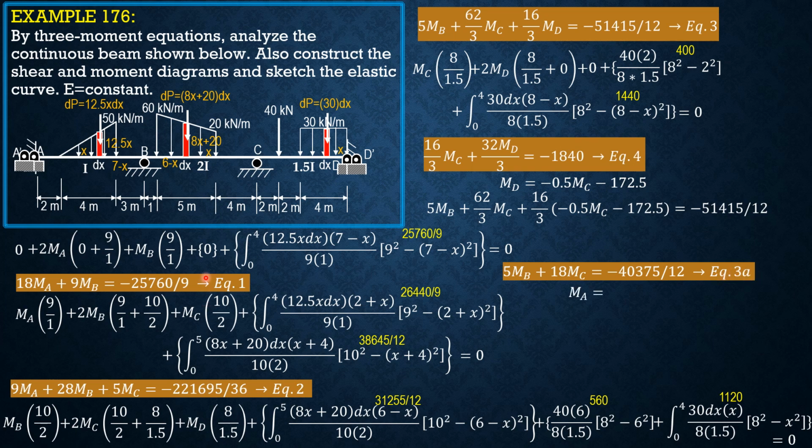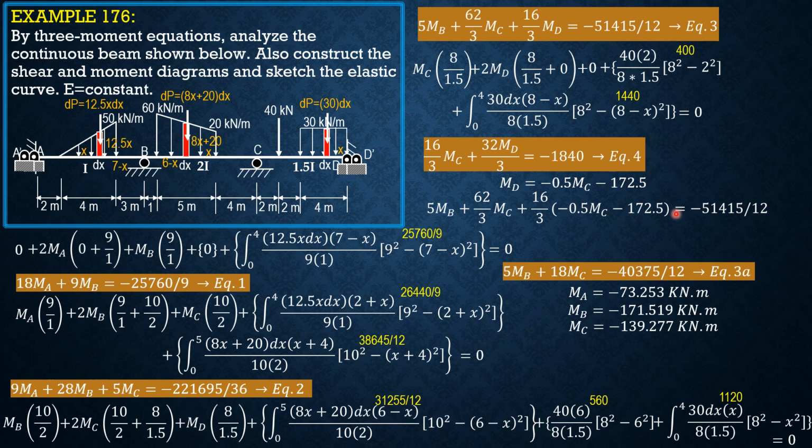So solving equations 1, 2, and 3a simultaneously, we get MA equals negative 73.253 kilonewton meter, MB equals negative 171.519 kilonewton meter, MC equals negative 139.277 kilonewton meter, and MD, which is negative 0.5 of MC, negative 139.277 minus 172.5.